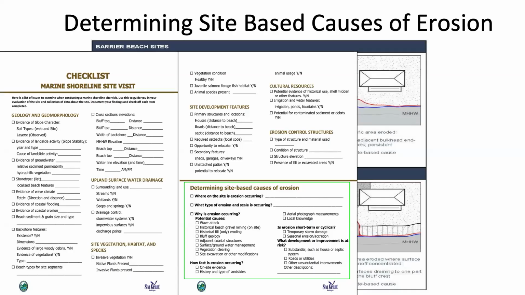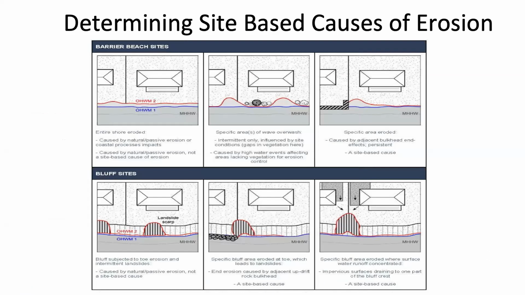Next we have the last section of the checklist, which is determining site-based causes of erosion. This really falls to a project proponent or their agent to identify and explain to the planner or permit reviewer. The information we've covered so far should help inform this determination, and we've got more tools in the guidelines that will help describe and make this available to you.